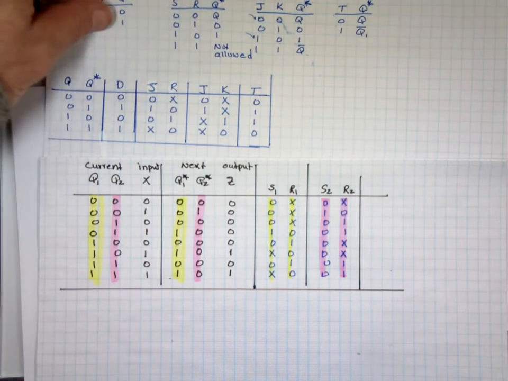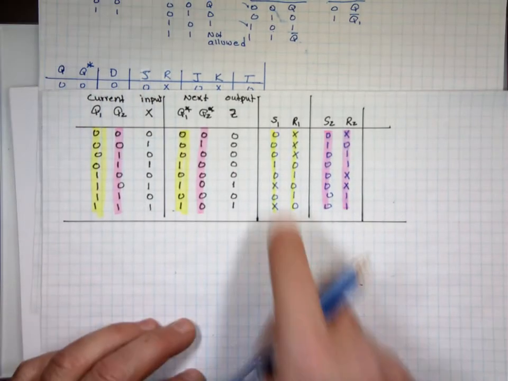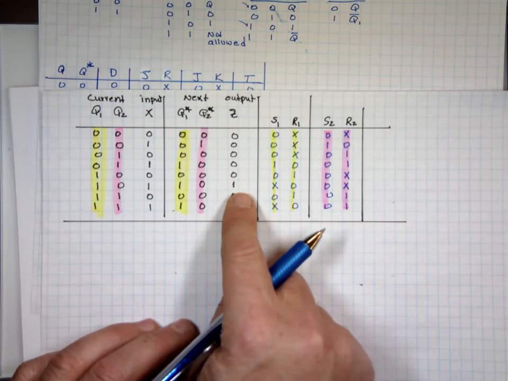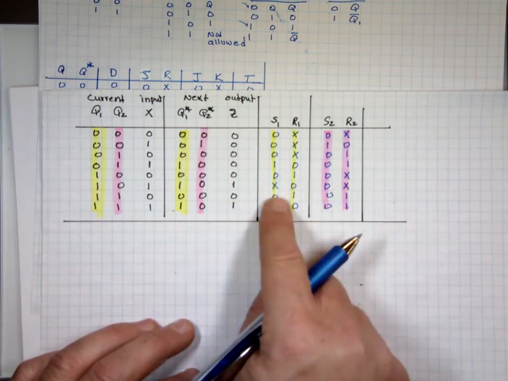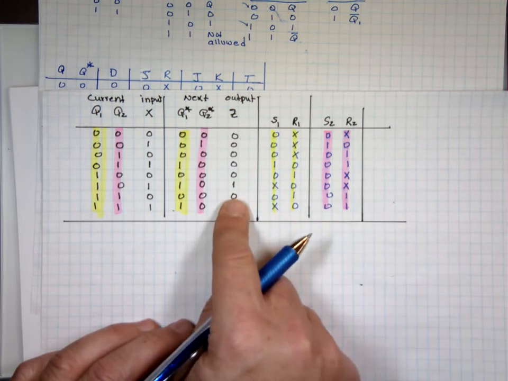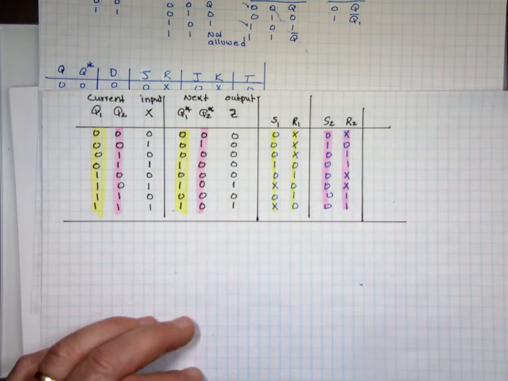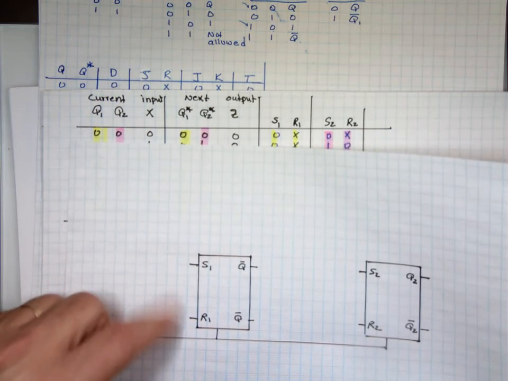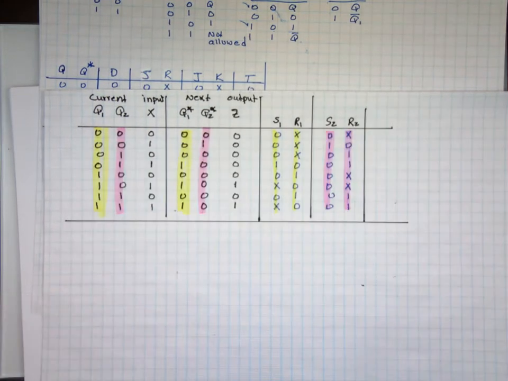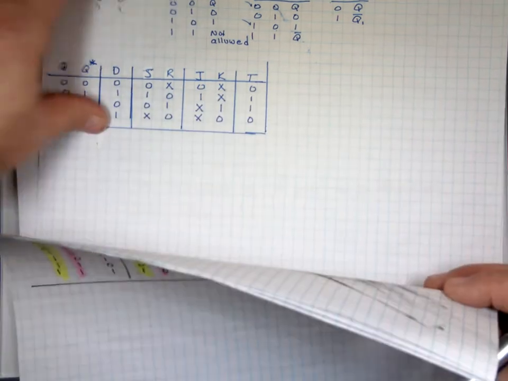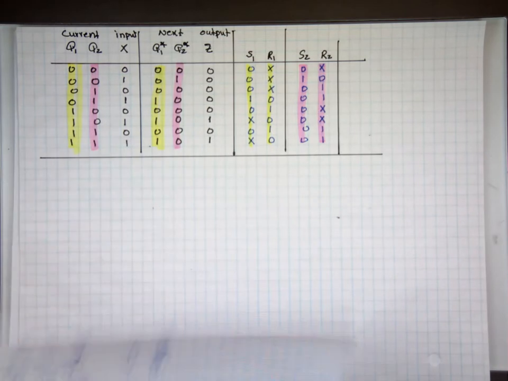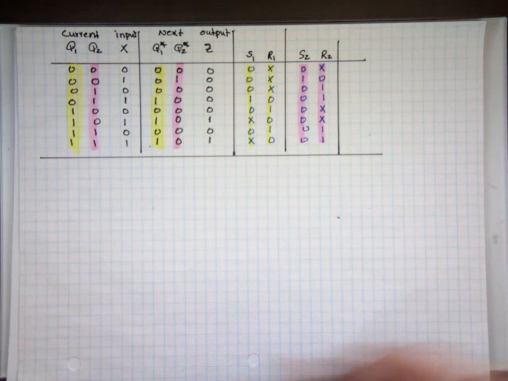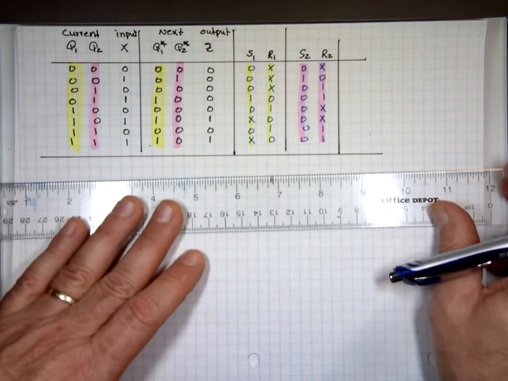Now I have to do a K-map for each one of these and also for Z, each one of these to see what's attached to them, and Z. And once I finish with the K-maps, I'll come back to this and build my circuit right here. I probably could fit them here, so I'll try to fit them there. I'll try to be a little bit neat here.